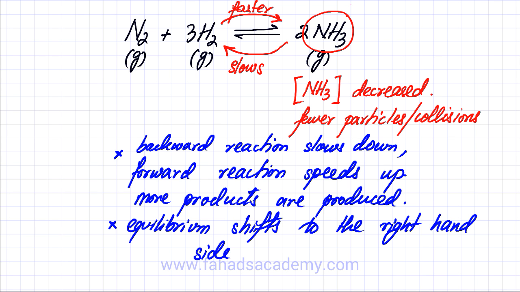And if you look at the Le Chatelier principle, which said that the equilibrium counters the change that is introduced: if I decrease the concentration of NH3, the forward reaction speeds up, so more products are produced. So the equilibrium shifts so that it increases the concentration of NH3. So the Le Chatelier principle is again proven right.